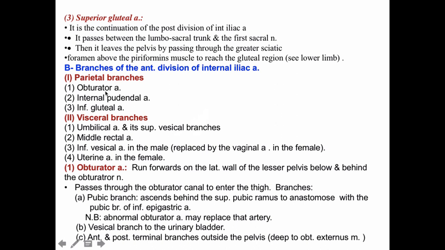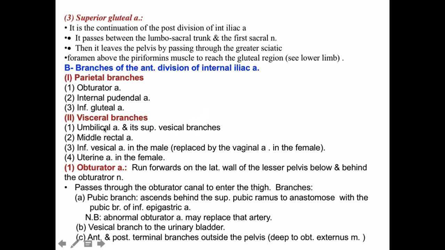Also, we need the names. The parietal branches: obturator artery, internal pudendal artery, inferior gluteal artery. Visceral branches: the umbilical artery, which gives a very important branch, the superior vesical. After giving it, the umbilical artery obliterates.